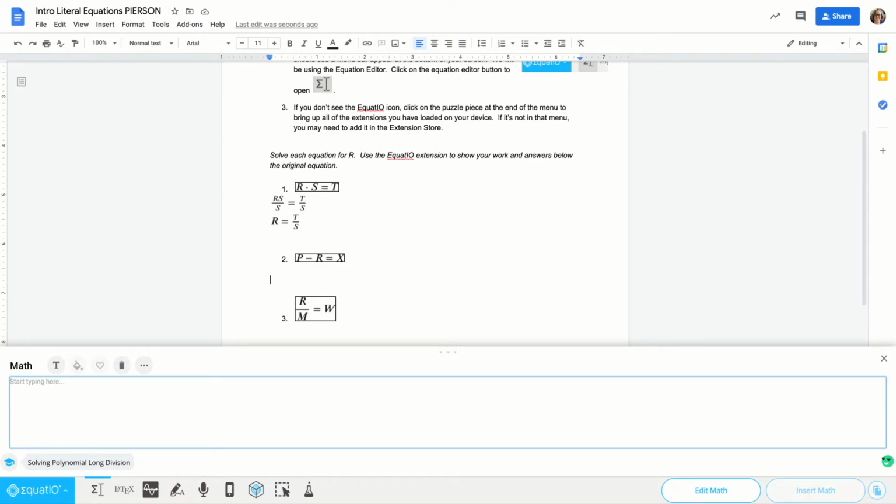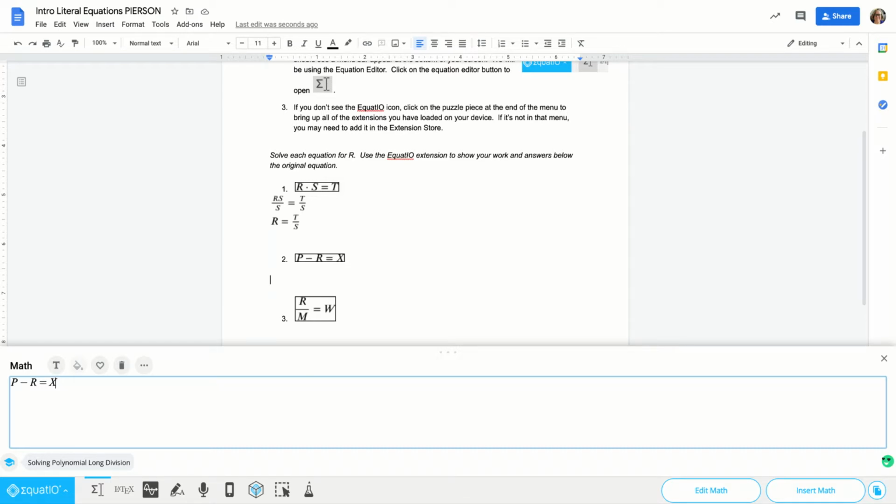And I'm going to type the equation, capital P minus R equals X. This time, we don't have any multiplication or division going on in here, so we will be just using addition and subtraction. So there's a few different ways that you can show what you're doing.